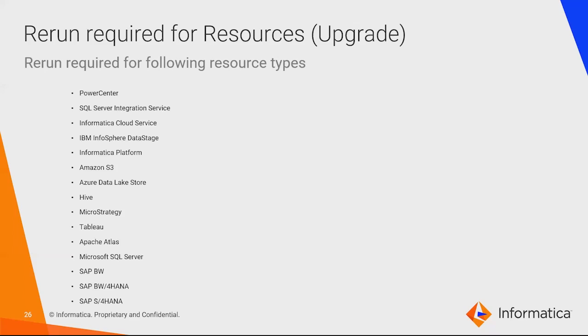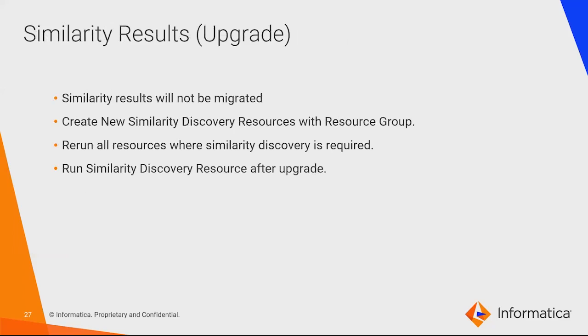All of these will just need to be rescanned following the 10.5 upgrade. Similarity results are not migrated. So you will need to create new Similarity discovery resources in 10.5, and then rerun those resources if similarity discovery is required.